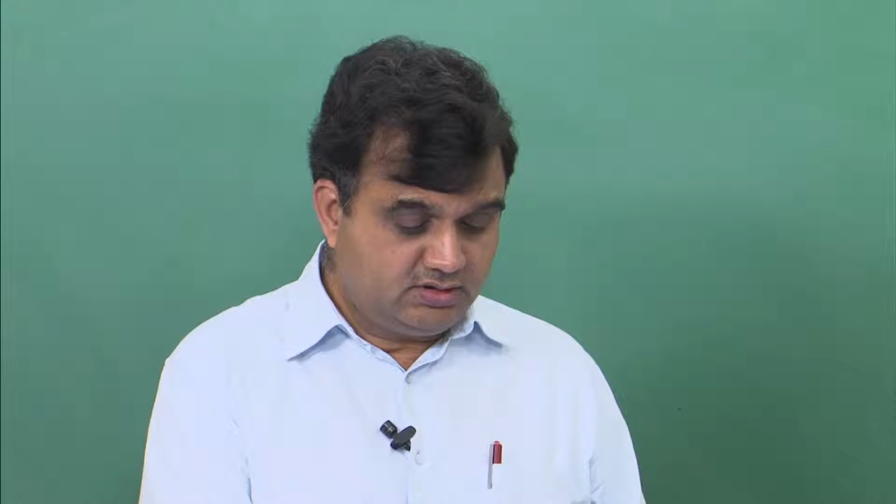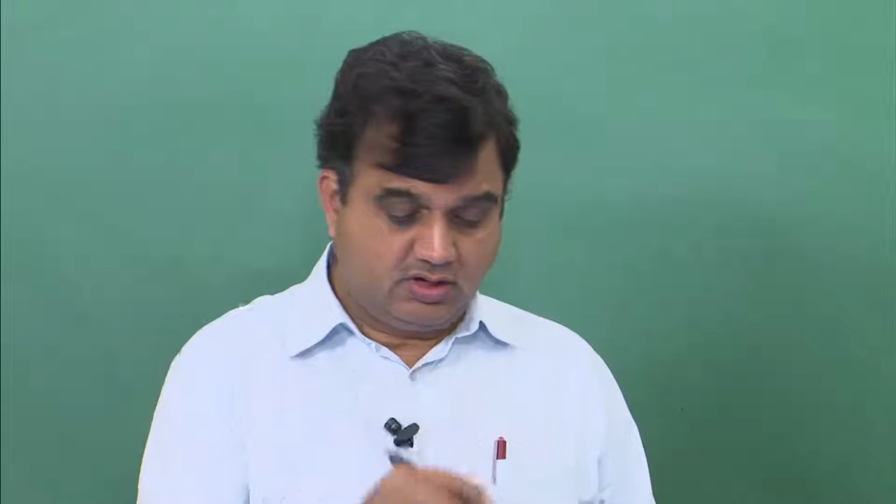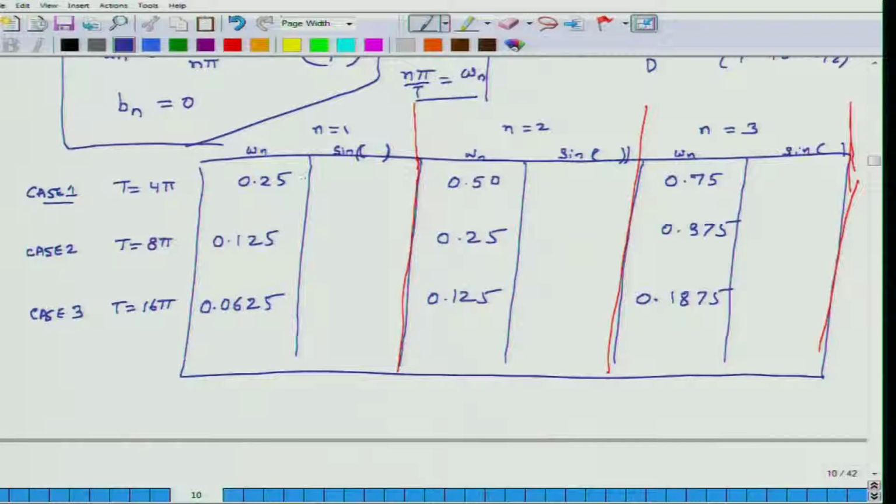When t is equal to 8 pi, the time period has doubled, and this spacing goes down. In the first row, the spacing was 0.25. Successive points were coming every 0.25 radians. Now they will come at 0.125 radians.